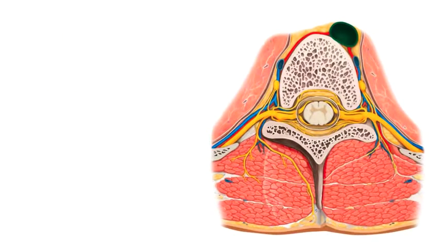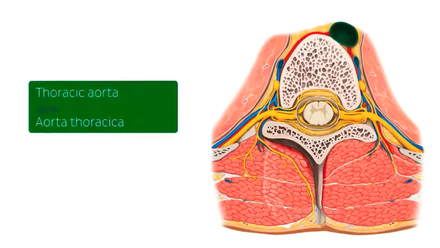Now let's go back to this image where I'm highlighting a structure that is in the proximity of the spinal cord. It doesn't have any direct relationship to the spinal cord, but for us to understand what is happening here in situ, we need to highlight this one, which is the thoracic aorta, also known as the descending aorta, which is part of the main blood vessel in your body, the aorta, the largest artery in your body.